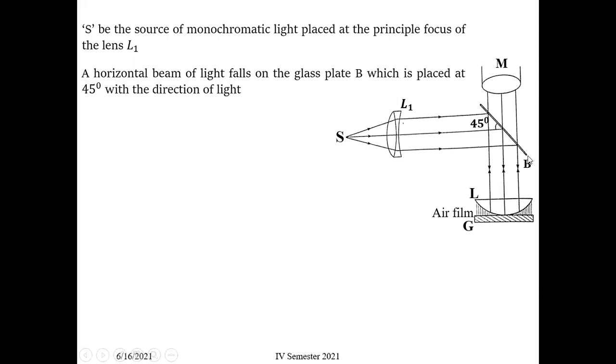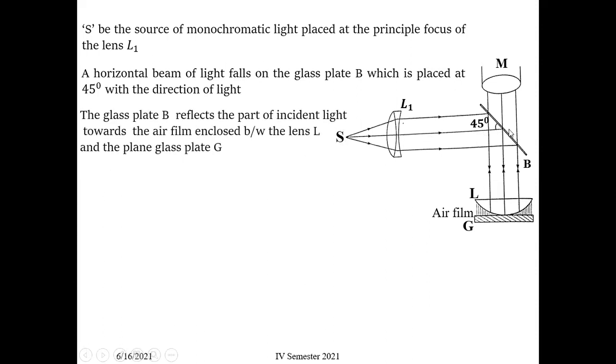The glass plate B is placed at an angle of 45 degrees with respect to the incident light. This glass plate B reflects part of the incident light towards the air film, that is, towards the convex lens. The air film is enclosed between the lower surface of the convex lens and the upper surface of the plain glass plate.